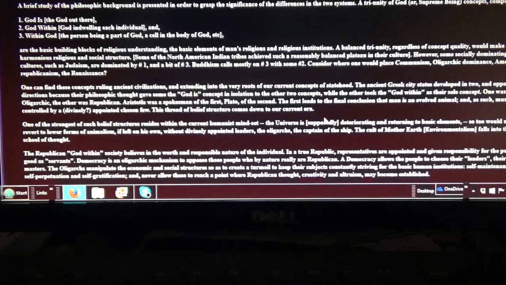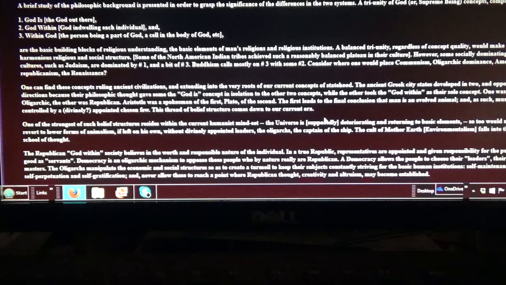One was oligarchic, the other was republican. Aristotle was a spokesman of the first, Plato of the second. The first leads to the final conclusion that man is an evolved animal, and as such must be controlled by a divinely appointed chosen few.